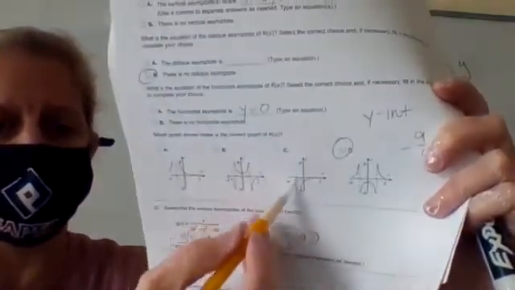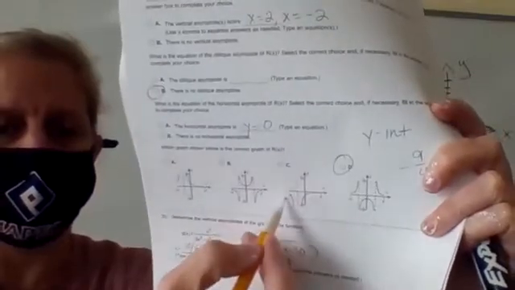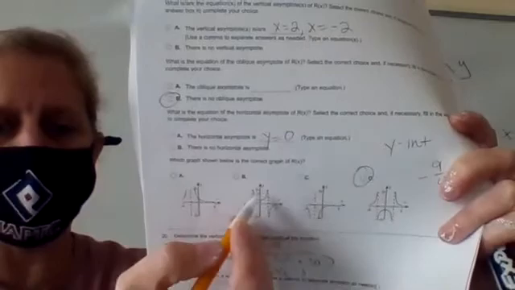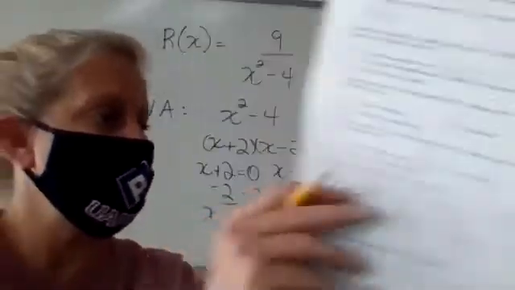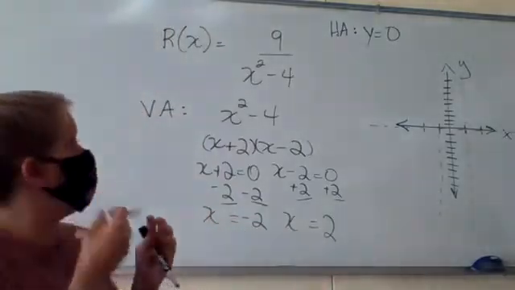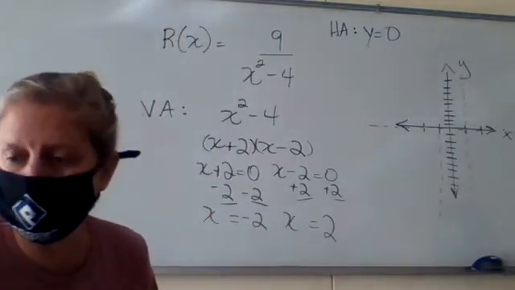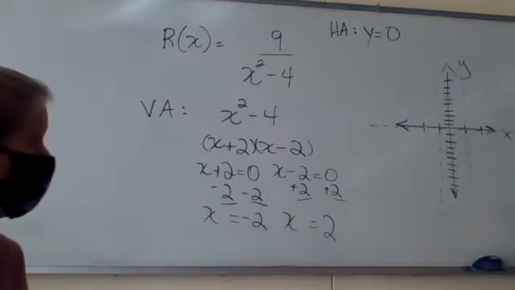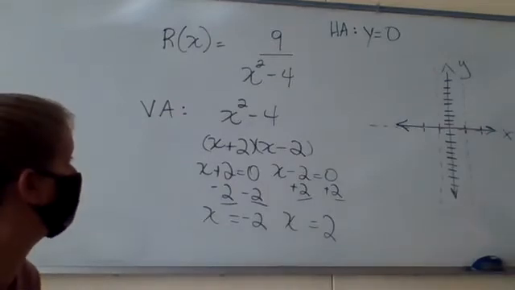This one only has one vertical asymptote, so it's not that one. And this one has both of them. So I'm down to B and D, but when I'm looking at B and D, I need to find another distinguishing mark that's going to tell me which one it is.